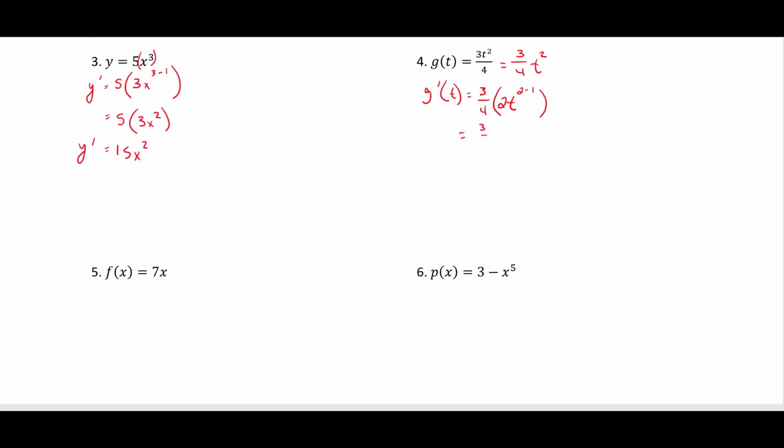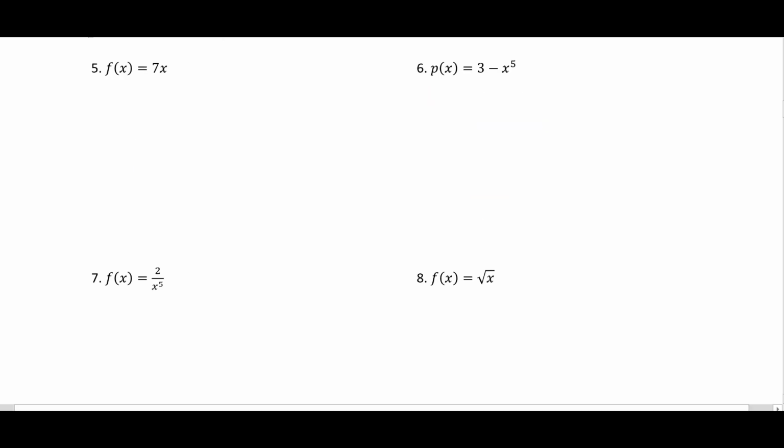So this gives us 3/4 times 2t to the first power. And remember, anything to the first power is itself, so t to the first power is just t. And so we can simplify this a little bit. 3/4 times 2 is going to be 3/2. So we end up with 3/2 t, or just rewriting it like g of t was written, g prime of t is going to equal 3t over 2.